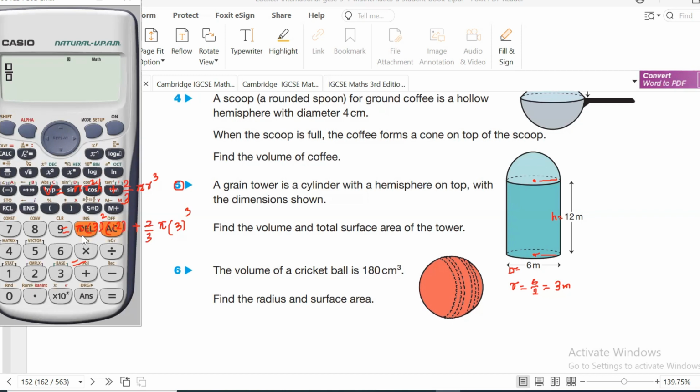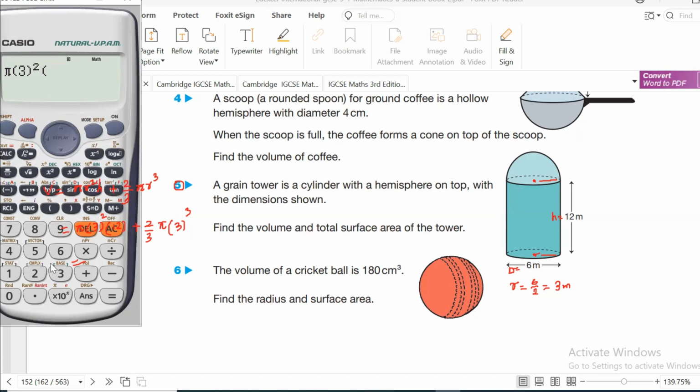Anyway, we try. First, we write the volume of the cylinder. What was that? Pi r square h. So shift pi, bracket open. We have 3 square, 3 power 2.